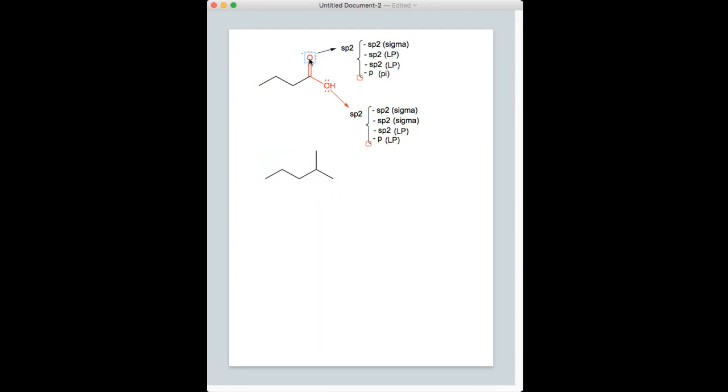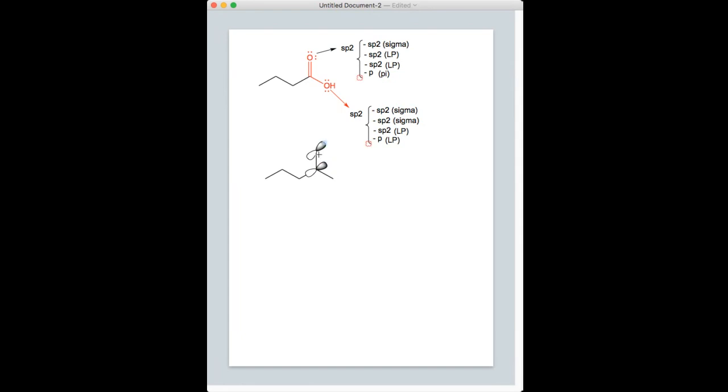So we agree that there are 2 lone pairs in sp2 hybrid orbitals, and there is a p orbital here with one electron, obviously. So I'm gonna draw that p orbital. In this carbon, which is also sp2, 3 sp2 and 1 p, there are 3 sigma bonds. So the 3 sp2 are used for the 3 sigma bonds and the p for the pi bond.